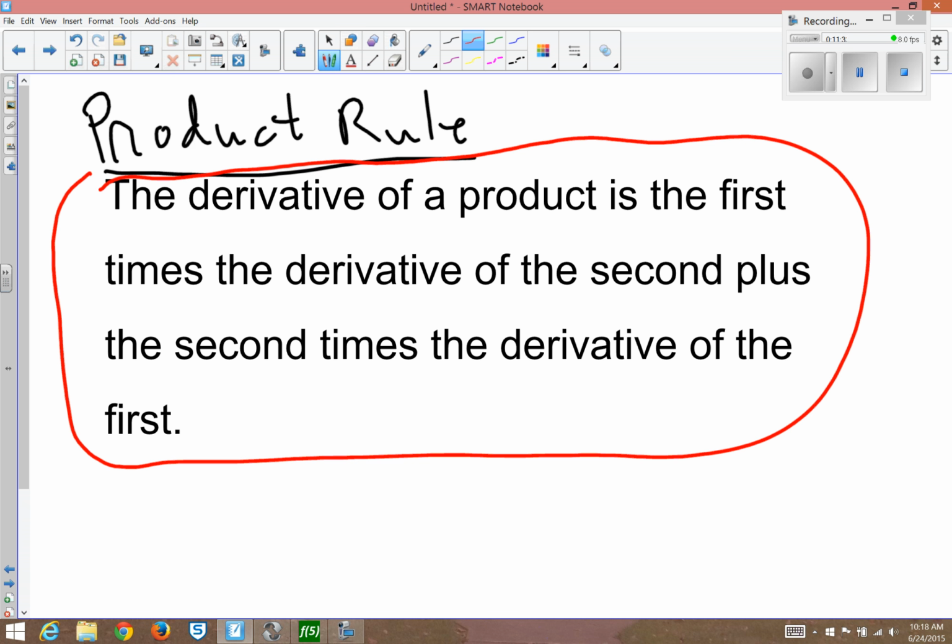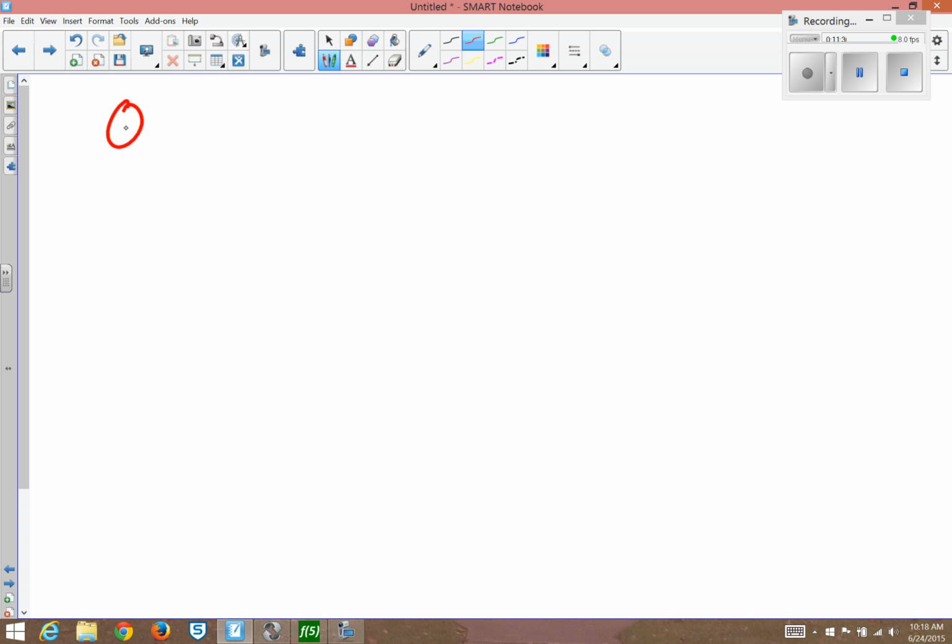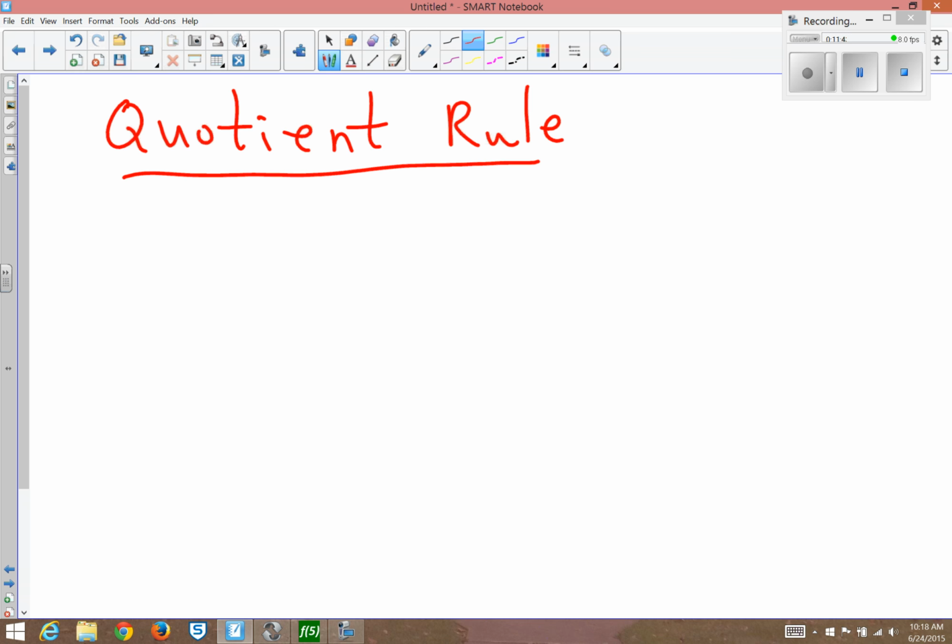I'm also going to write down the quotient rule. Here's the quotient rule in words.